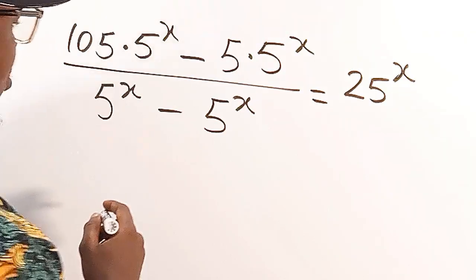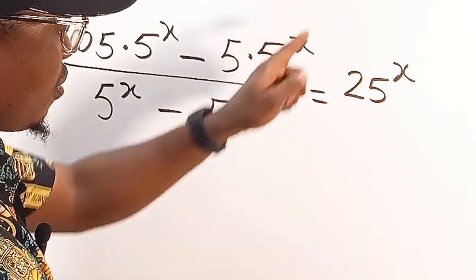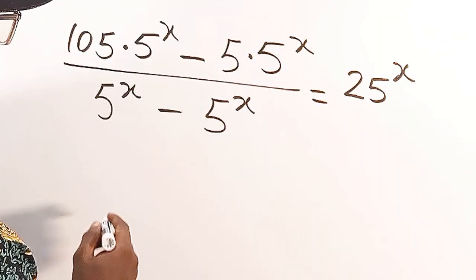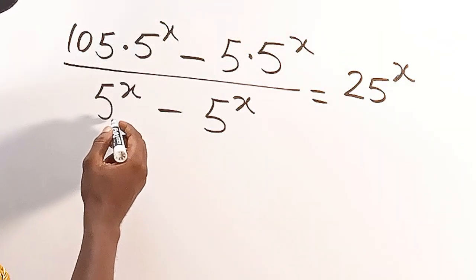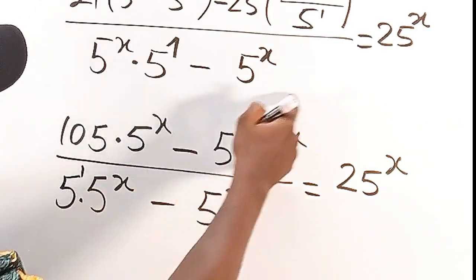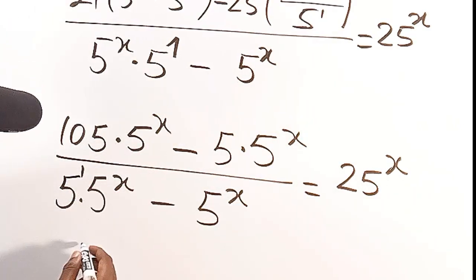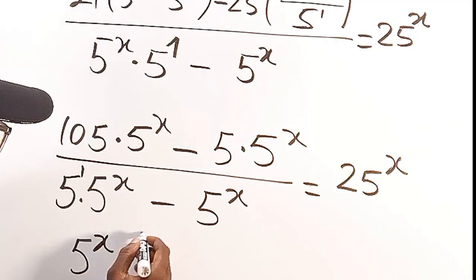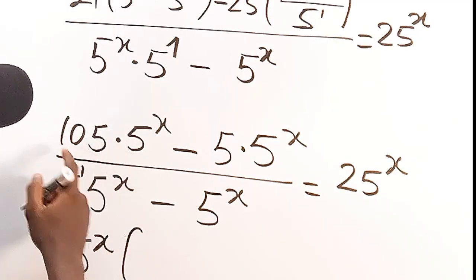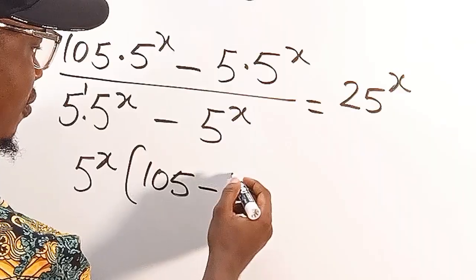Next thing we're going to do from here, if you look at this now, 5 to the power of x here, 5 to the power of x is here. So, sorry, I still have 5 to the power of 1 here, this denominator. So now, from the numerator, I can have 5 to the power of x into 105, take away 5.